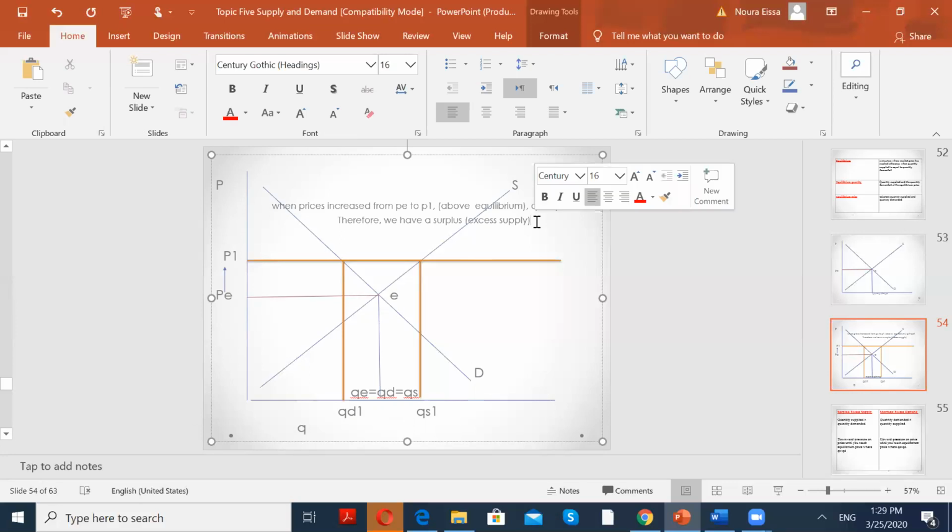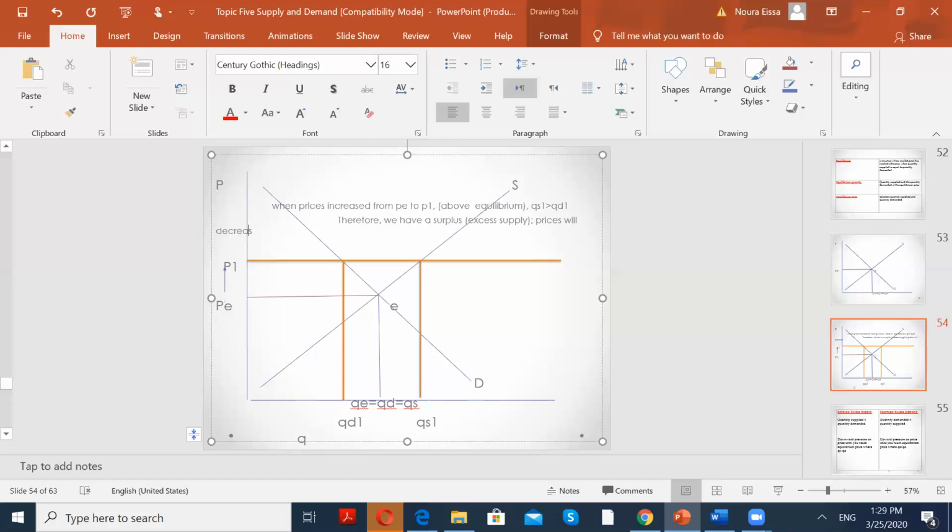We have an excess surplus. Prices will decrease until we reach equilibrium. تمام؟ Okay. طيب is this a shift or a movement؟ هو أنا حركت الديماند curve؟ No. أنا حركت السبلاي curve؟ No. إحنا عملنا إيه؟ We increased prices من equilibrium price لل P1.